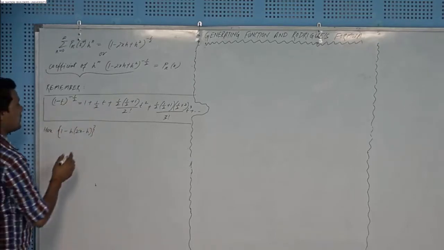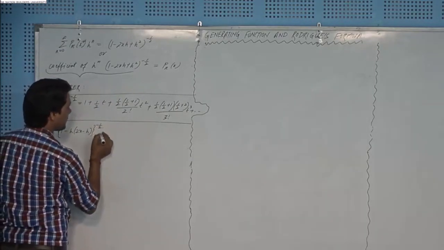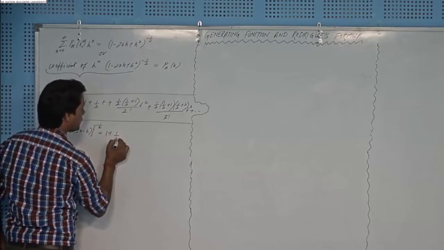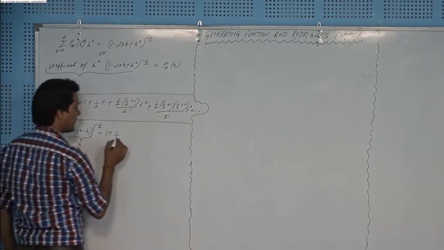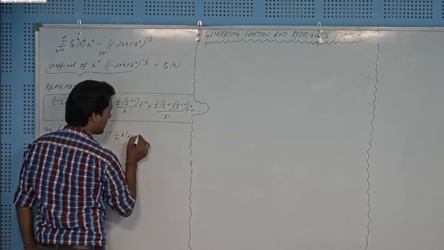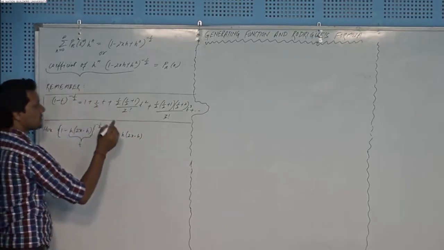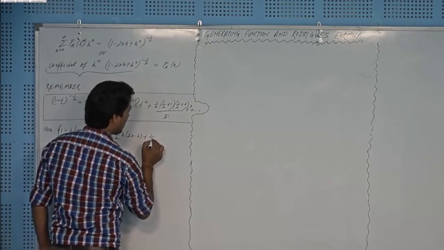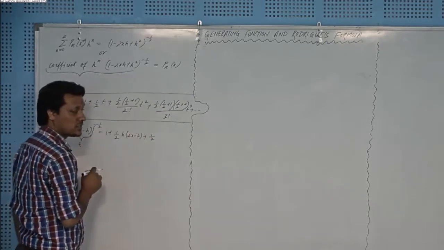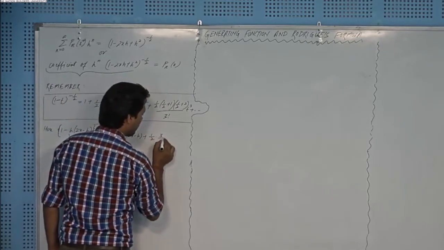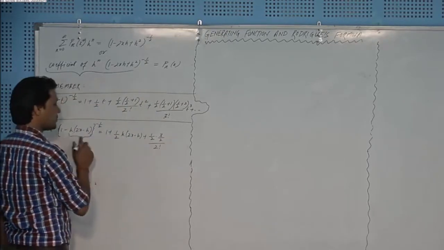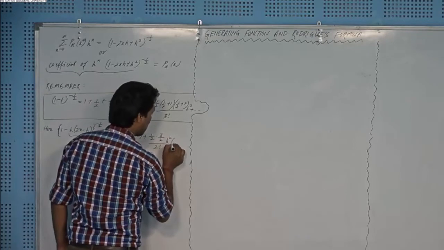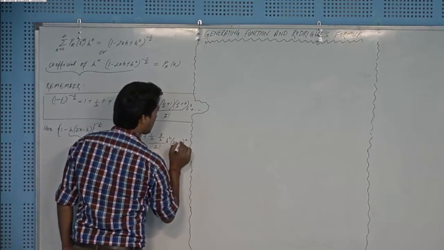So applying this formula, with the power minus half, it is equal to 1 plus half into t, and that will become h(2x minus h), plus 1 by 2 into (1 by 2 plus 1), that is 3 by 2, over 2 factorial t square, and t square should be h square multiplied with (2x minus h) whole square, right?